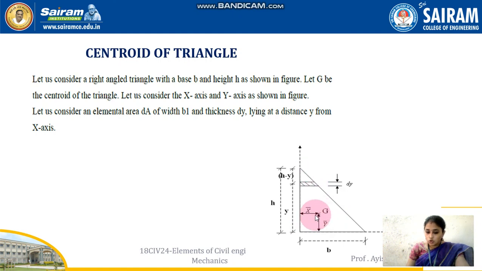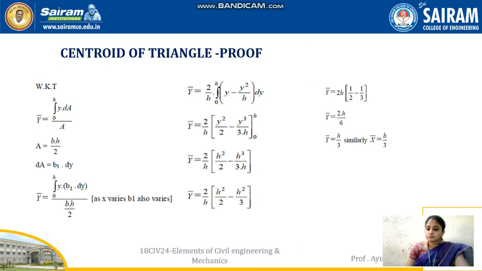Automatically the remaining distance is 2/3 of b and 2/3 of h, right? So always keep this in your mind, that the centroid will be located at 1/3 distance from the greater intensity point.